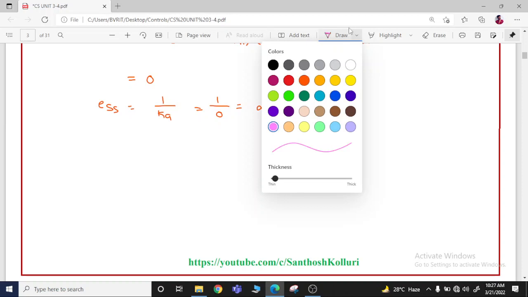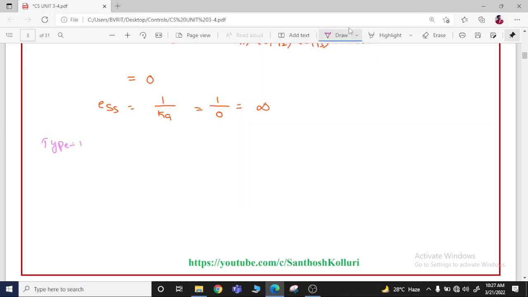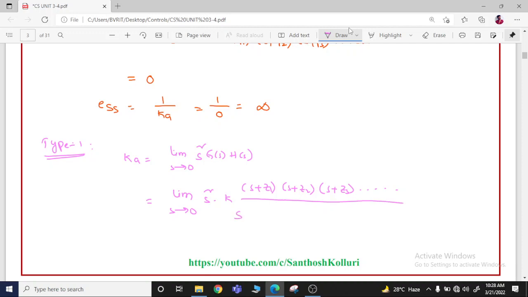Now for a type 1 system, Ka will be limit s tends to 0 of s square into G(s) into H(s). For a type 1 system, we need to put an s term in the denominator. So this will be Z1 Z2 Z3 and so on divided by s to the power of 1, because it is a type 1 system, times (s plus P1)(s plus P2)(s plus P3) and so on.